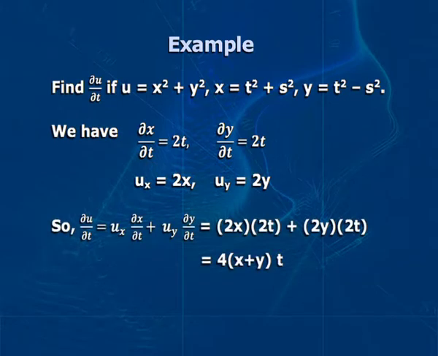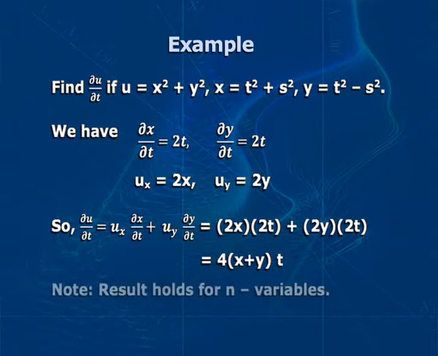So, del u over del t is equal to ux del x over del t plus uy del y over del t, which is equal to 2x into 2t plus 2y into 2t, which is equal to 4(x plus y)t. Note, the result holds for n variables.